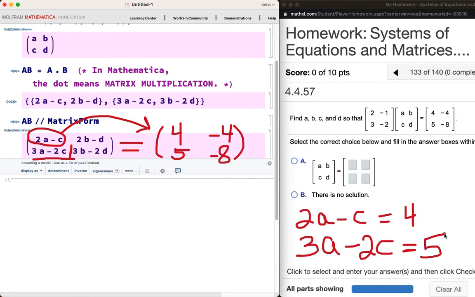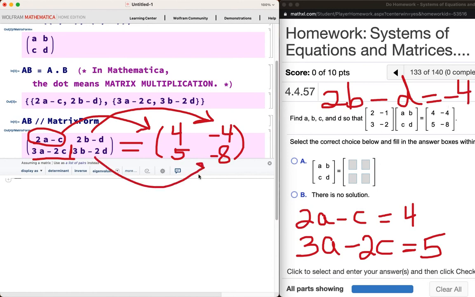Ugh. Okay. And then this expression right here is equal to negative 4. So that's going to be 2b minus d is equal to negative 4. And then this expression here is equal to negative 8.